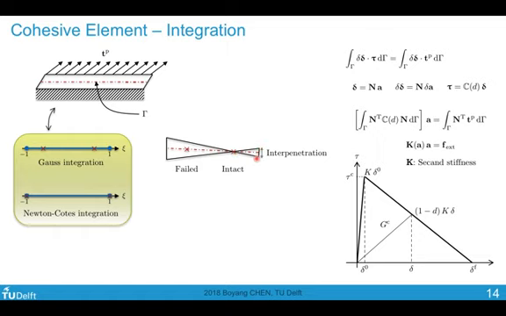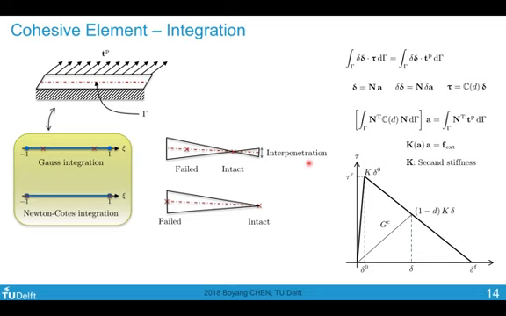That is why you could have interpenetration on the two nodes in the Gauss integration scheme. In the Newton-Cotes integration scheme, this problem is however prevented, because now you have the integration points directly on the nodes.